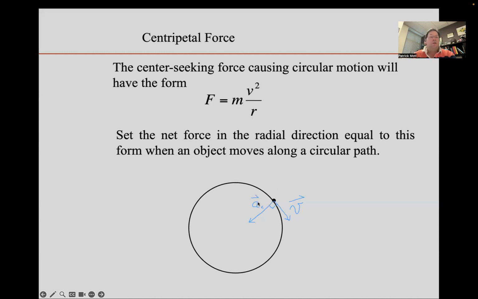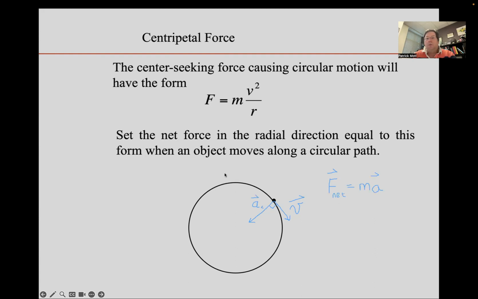Now, accelerations from Newton's second law of motion have to come from a net force. So all we're saying with this idea of a centripetal force is I add up all of the forces acting on an object. That gives me the net force vector, F net. That net force as a vector sum of forces is going to equal the mass times the acceleration. Acceleration is a vector.